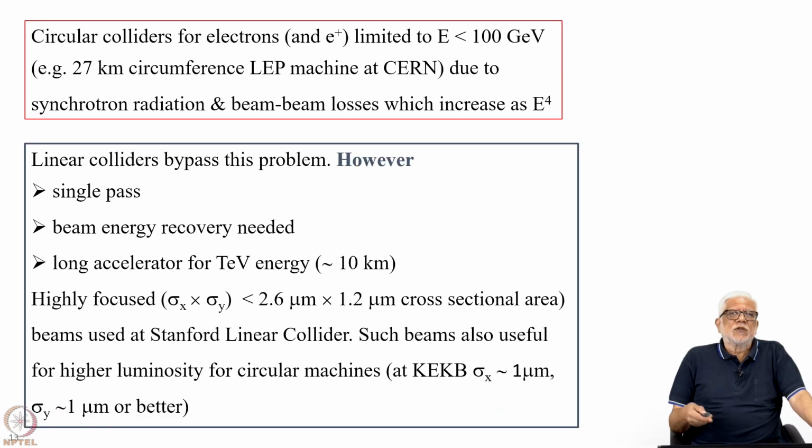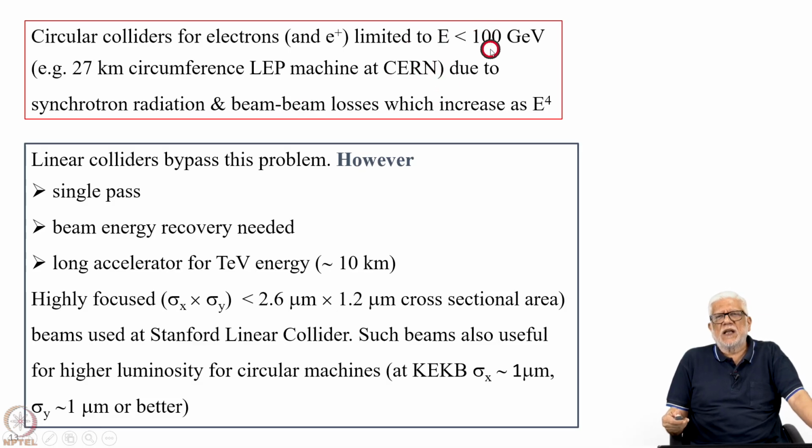Okay. So, circular colliders for electrons and positrons, as was the case with the Large Electron Positron collider, which resided in the same 27-kilometer circumference tunnel at CERN where the LHC now resides. This was limited to about 100 GeV.